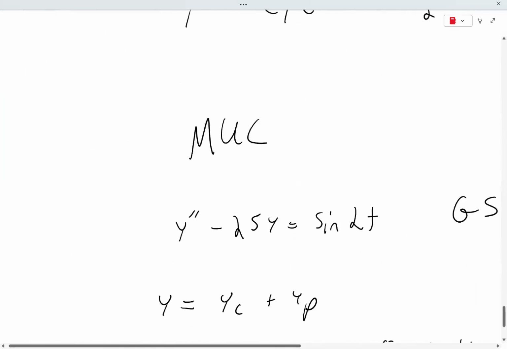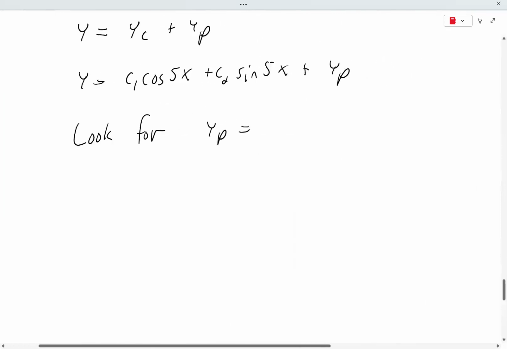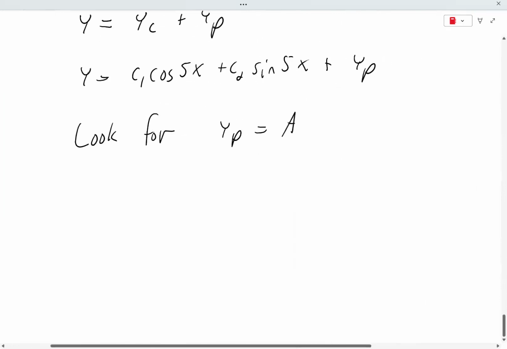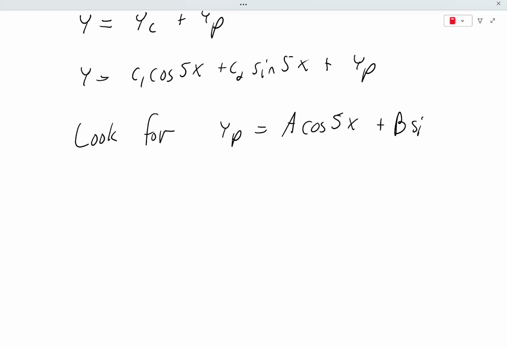Back down here, wherever it was. So look for a, I can't remember first, sine x or cosine x. I think probably cosine. It doesn't matter. Plus b. Whichever order you want, it doesn't matter.